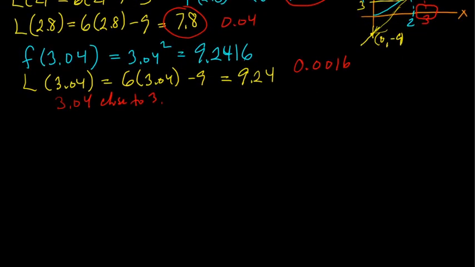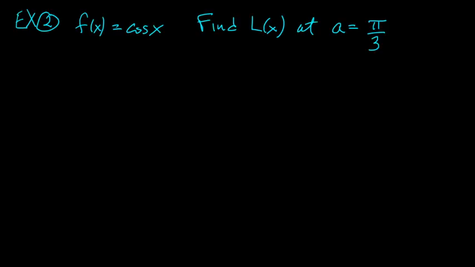Okay, let's do another example. Okay, so now f of x is cosine of x, and we want to find the tangent line approximation, the linear approximation, at a equals pi over 3. All right, so let's write down the linear approximation again. It's just f prime of a times x minus a plus f of a.